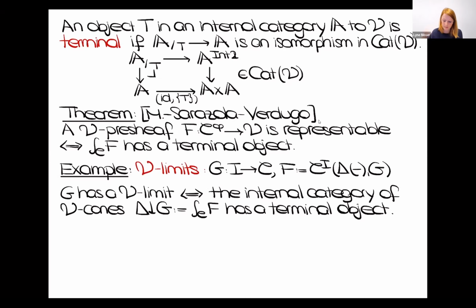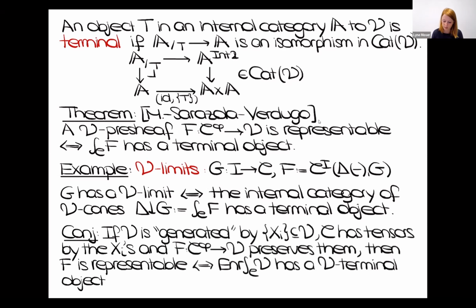And to finish this section, I just want to mention how we could also generalize this tabulators condition that we had before and try to have something that is more internal to V categories.